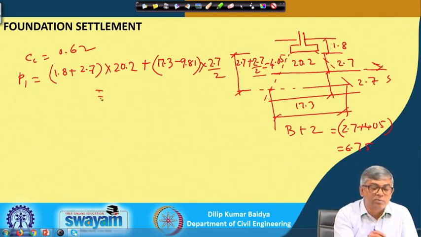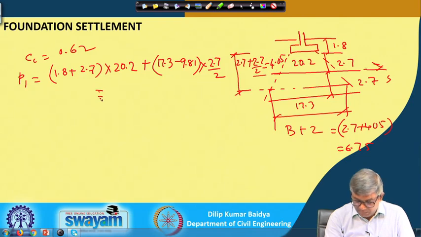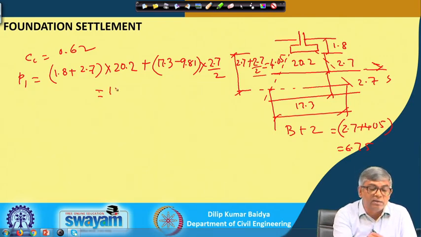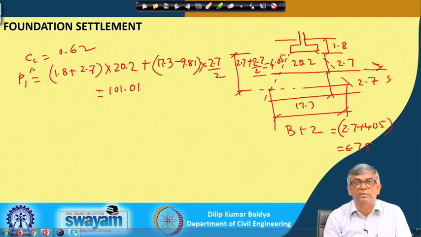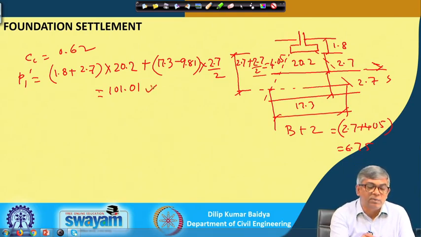So, then if we do this one, then how much it comes? This will be coming 101.01. So, P1 dash, effective overall pressure before application of the load, is this one.